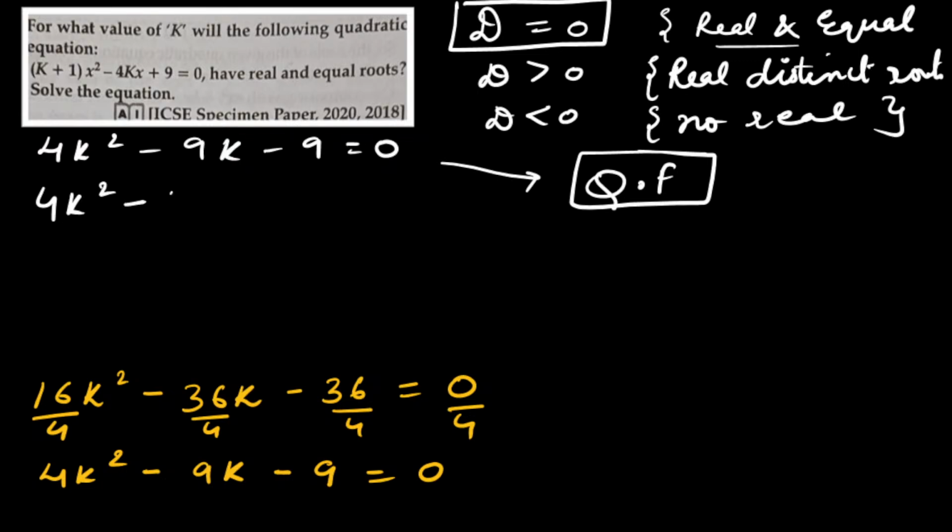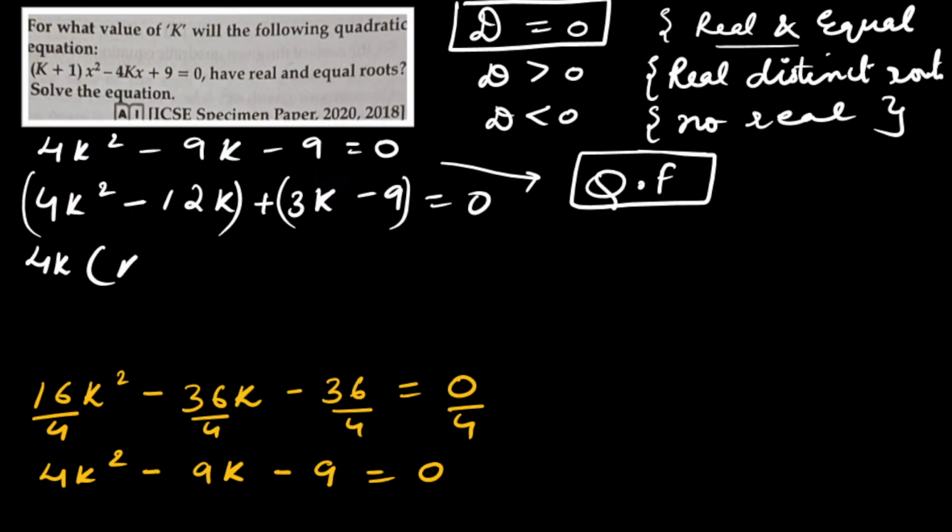So 4k square minus 12k plus 3k minus 9 is equals to 0. So this is one pair, this is one. So 4k is common, so here k minus 3, plus 3 is common, k minus 3.